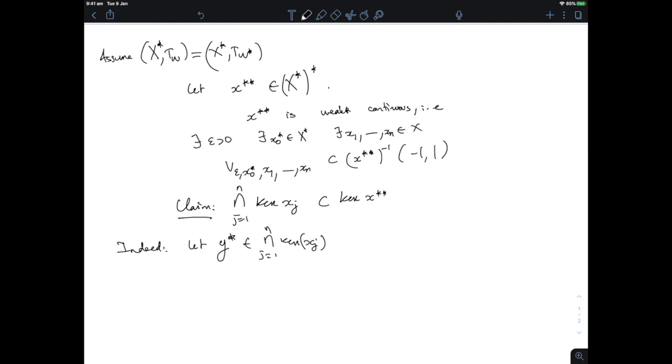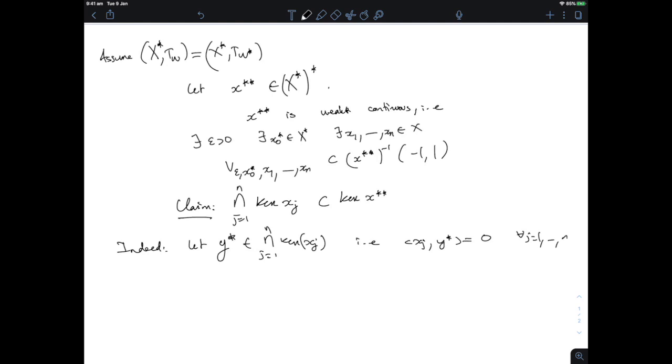Well, it's in the kernel of the xj, so that is to say, xj paired with y star is 0 for all j in 1 to n, because of course when I say kernel of xj, I see xj as an element of the bidual, so I see it as a function from the dual to R, so it's acting on an element y star by the duality product.